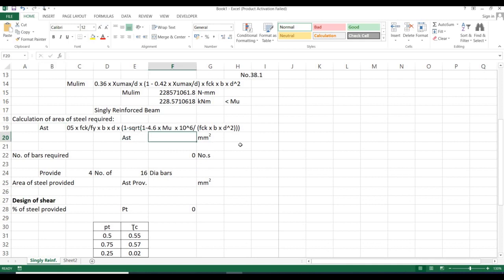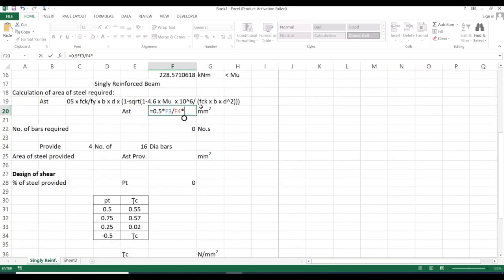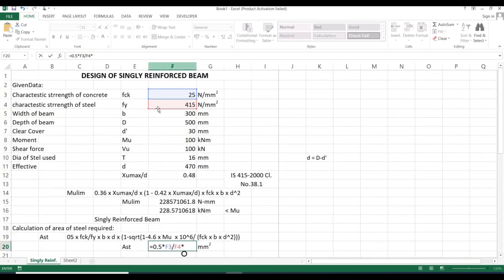So how to calculate? It's equal to 0.5 into fck, divided by fy, into b into d into bracket 1 minus square root.